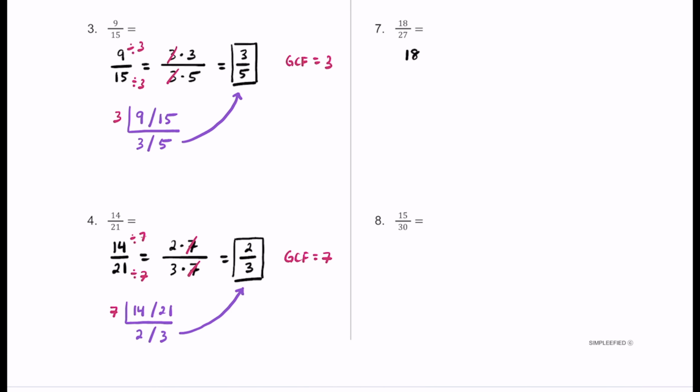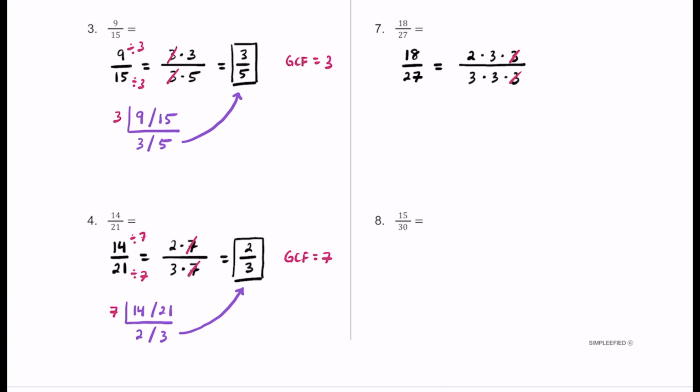So let's go ahead and write that. And while I'm writing, let's think about what we can break 18 into. We have 2 times 9, and then 9 breaks into 3 times 3. So that's 18's prime factorization. For 27, we have 3 times 9, and then 9 will break into 3 times 3. So we have 3 3s for 27.